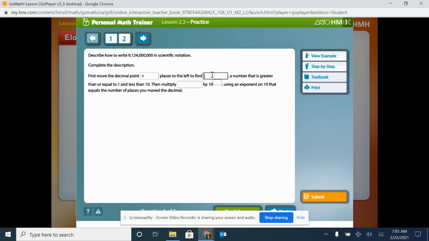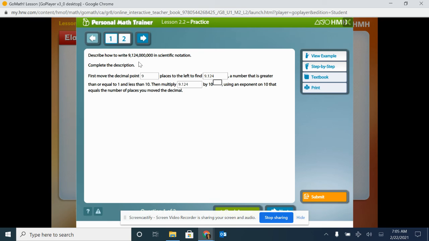And what am I going to find? I'm going to find 9.134 because that's my number less than 10, a number that is greater than or equal to 1 and less than 10. Then you're going to multiply that number, 9.134 times 10 to the power.